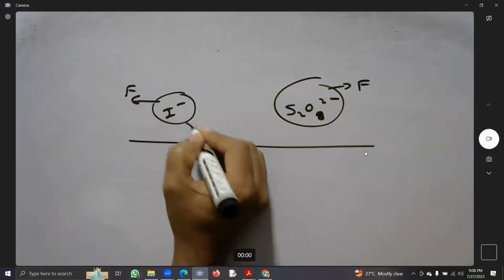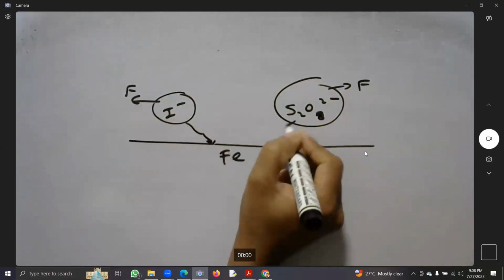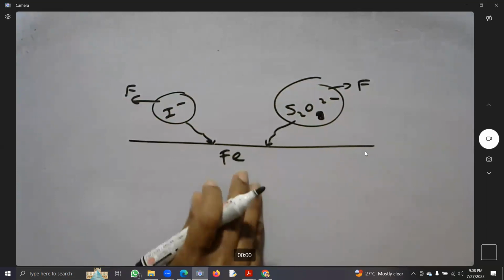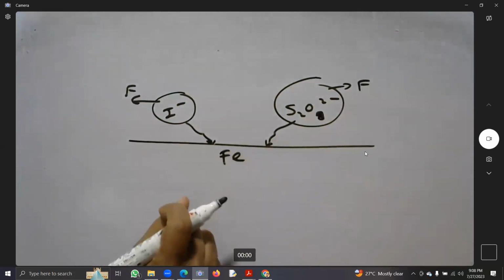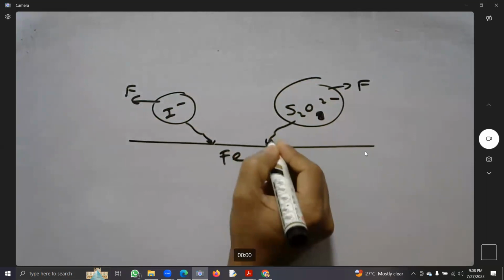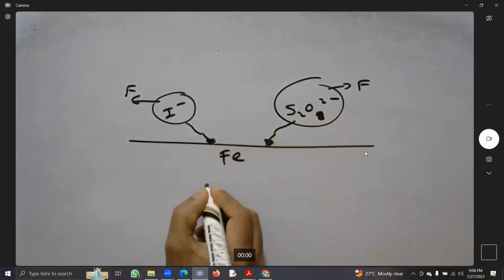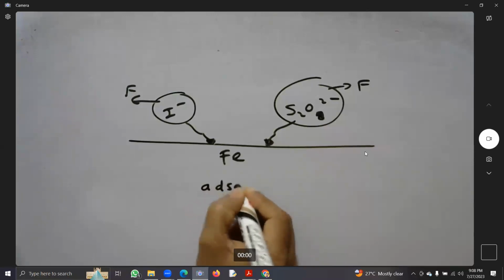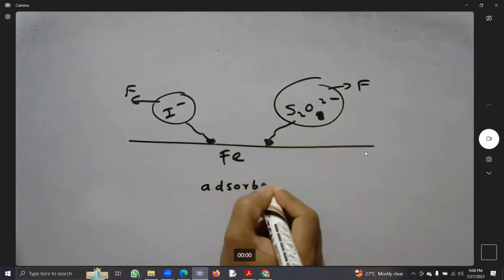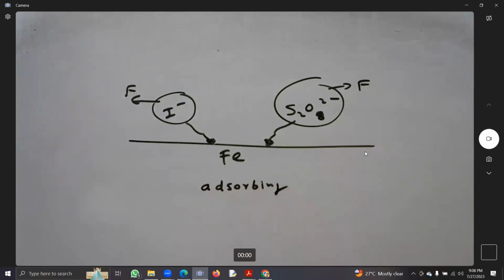But this fellow can attract them. Once they attract them, this is called adsorb. Not absorbing, meaning going in. This is adsorbing, like powder.